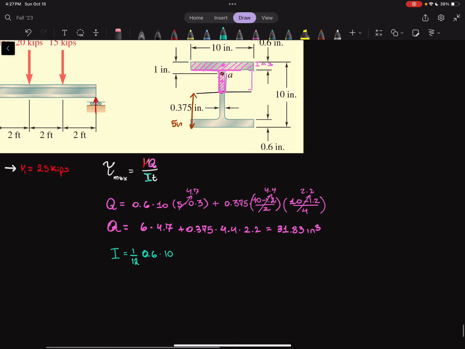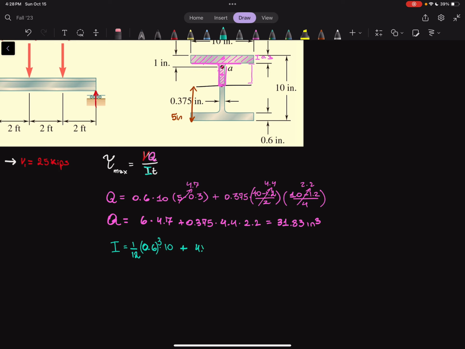Well, we want 1 over 12 times the height cubed. Then I have to move it to the neutral axis, which is 4.7 squared times its total area, 0.6 times 10.